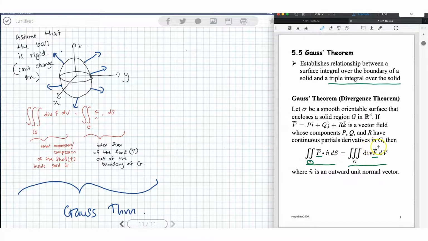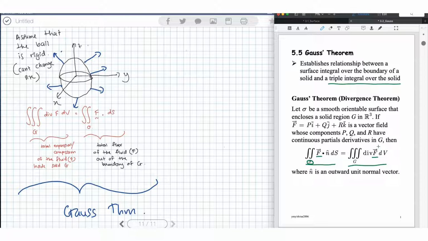Do you remember last time in chapter 4 we had the application of the gradient, where we can evaluate the divergence of the vector field and also the curl of the vector field. So in the Gauss theorem, we apply the divergence of the vector field, which is related to the fluid.